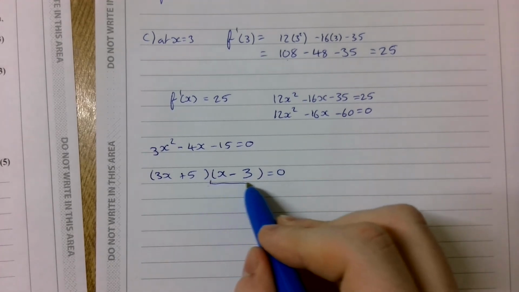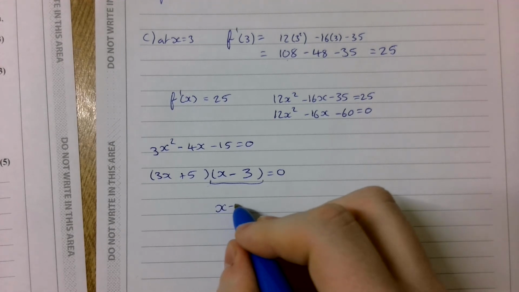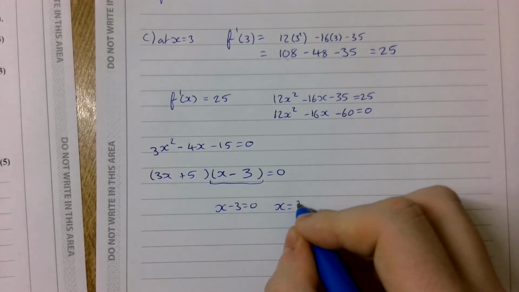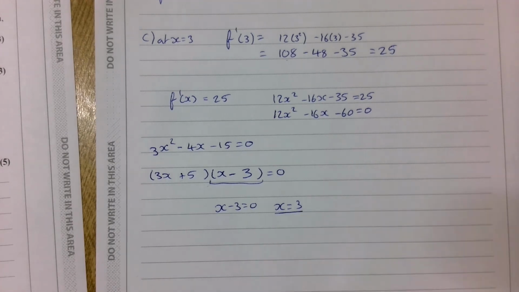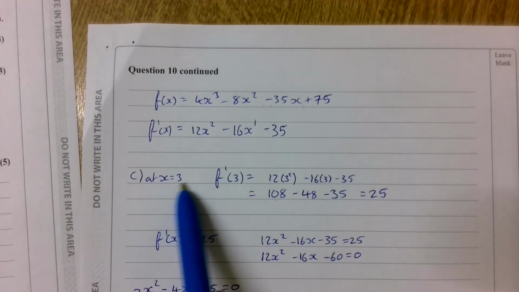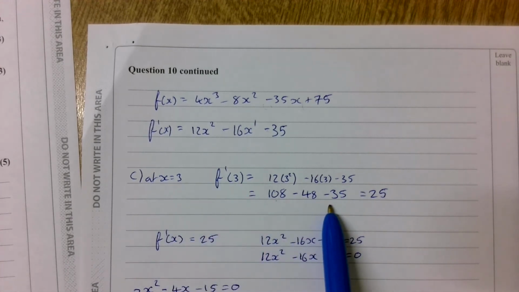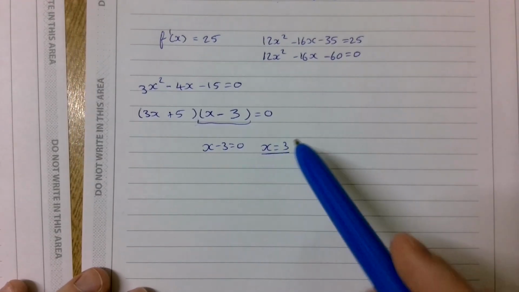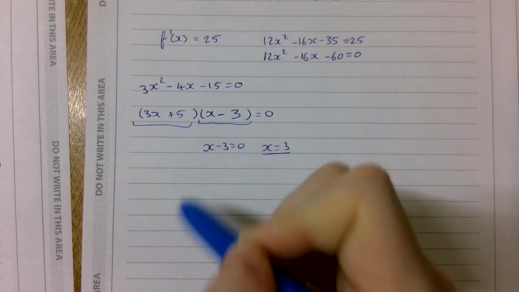So firstly, I'm going to look at this. We should expect this. We get x equals 3. We knew this, we kind of were expecting this, so we know we're on the right lines. We found this was true already earlier at the start of this question, so we know we're on the right lines. So this isn't what we're looking for, this must be what we're looking for here.